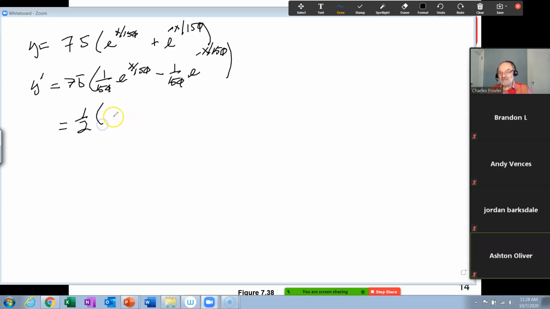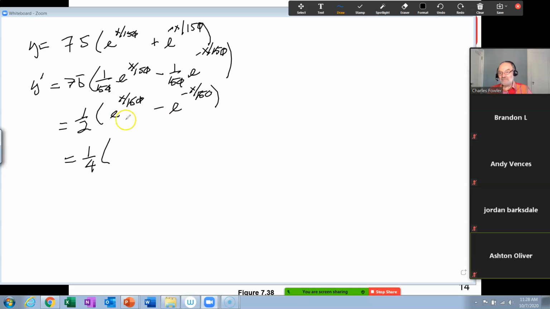And what we have on the inside would then be e to the x over 150 minus e to the minus x over 150. Now what's the next thing we're going to do? We're going to square it. So this will be a 1/4.